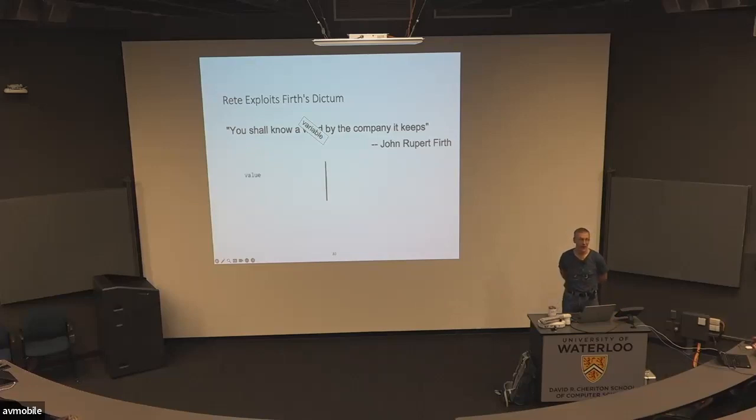So consider value. Value is too generic, right? We can't infer anything about it based on its name. But if I showed you this statement that used it, this use of value, well, this is both a use and a definition. From this definition, you could infer that it ranges over the interval 0 to n, right?